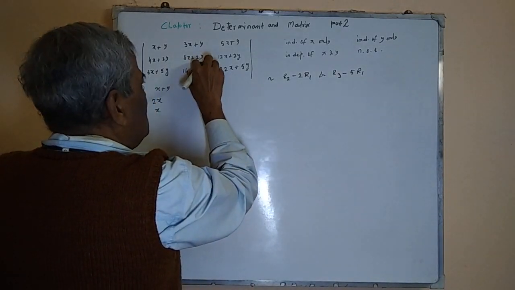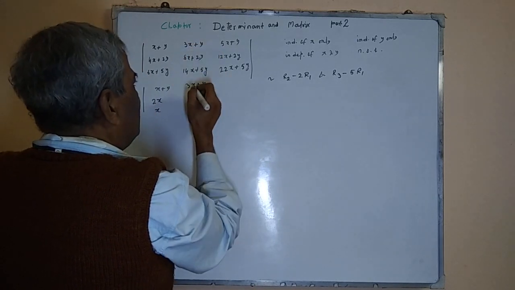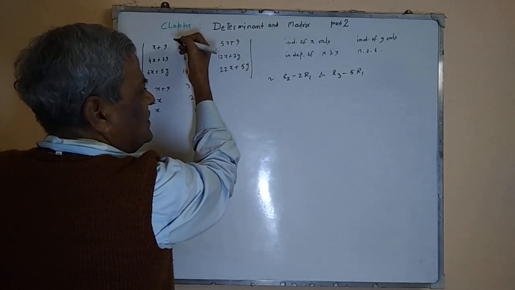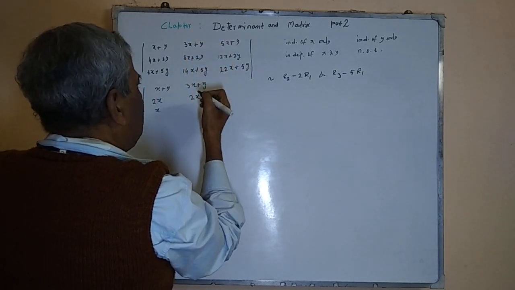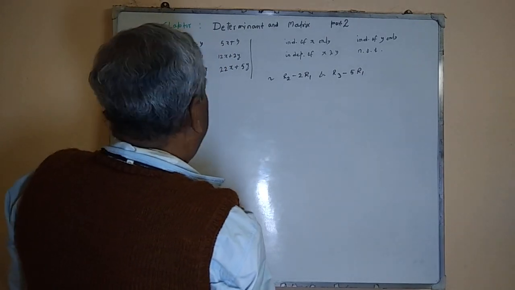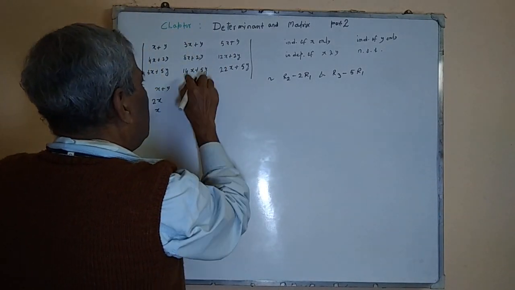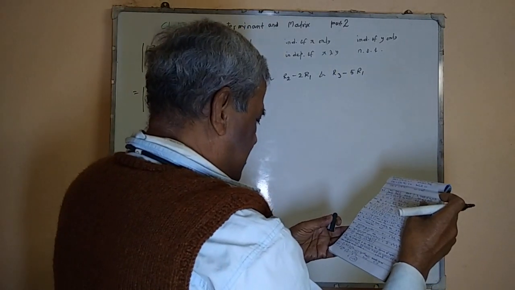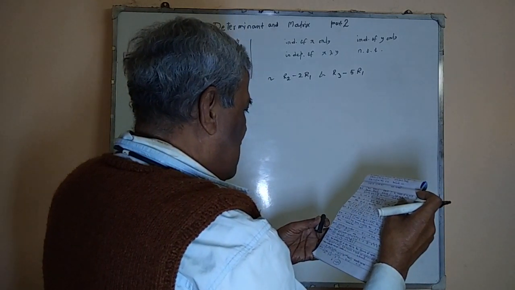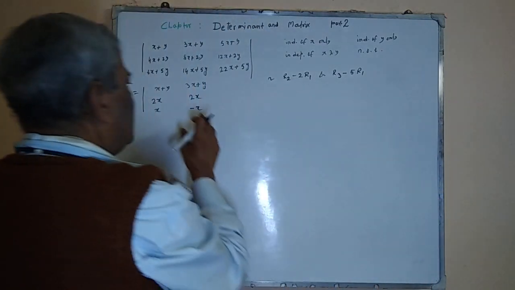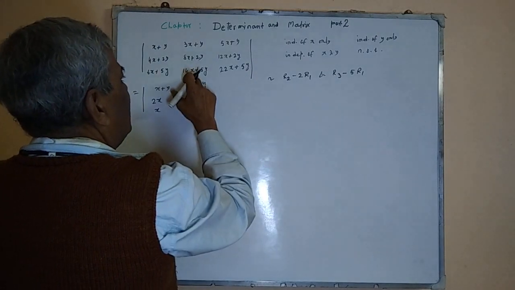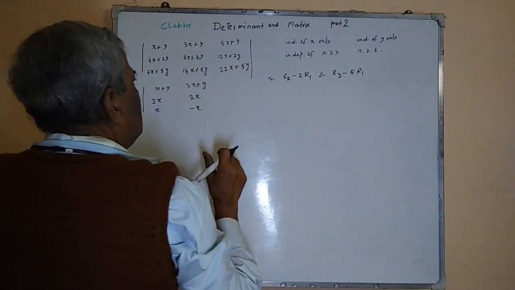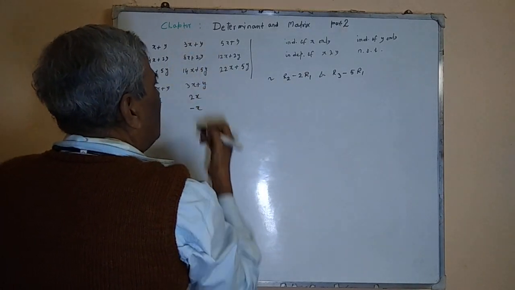Now second row, 3x plus y: this minus 2 times that, 2x, y becomes 0, and this is 5 times that, 15. Then 14x, just 1 minute, is it 14x? Yes, 14x, minus 15, 14 minus 15 is minus x, and y becomes 0.